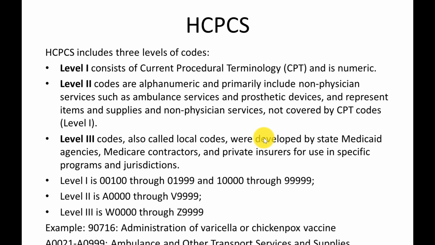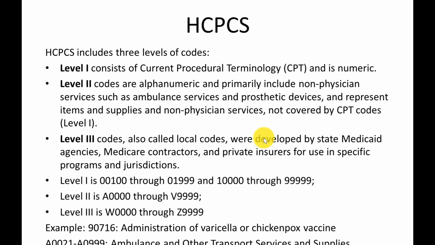While level two codes are alphanumeric codes, and primarily include non-physician services such as ambulance services and prosthetic devices, and represent items, supplies, and non-physician services which are not covered by the CPT codes. So whichever codes are not covered by CPT will be covered in level 2. Level 3 codes are also called local codes.